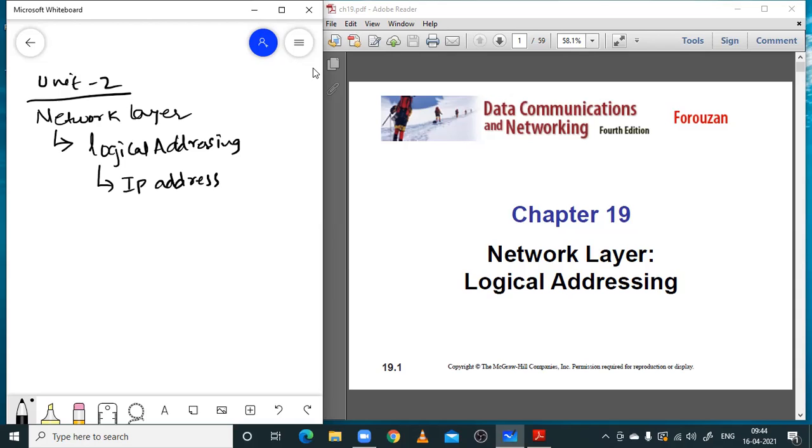So in a network, an IP address is of 32 bits in size. According to the basic IP addressing scheme, we will be using 32 bits for every system to allot an IP address.